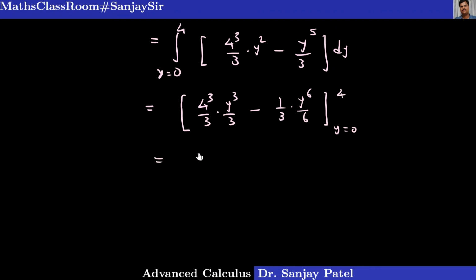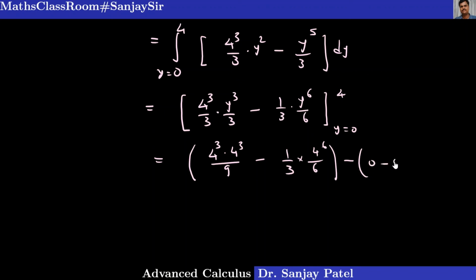So putting y equal to 4 first, we will get 4 cube into 4 cube by 9 minus 1 by 3 into 4 raised to 6 upon 6, minus, putting the lower limit now, y equal to 0, this becomes 0, and again here also it is 0.